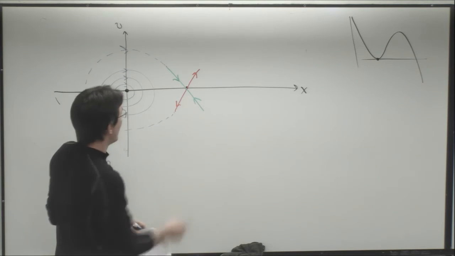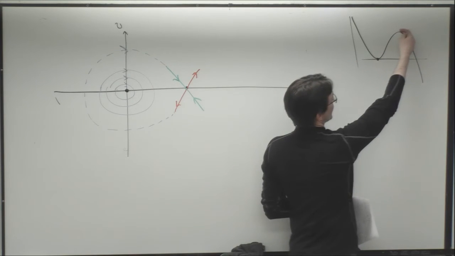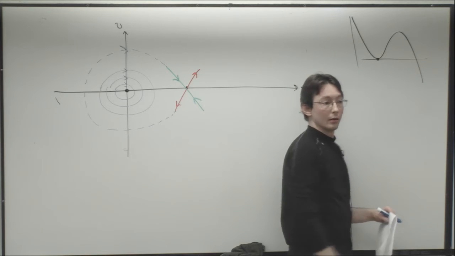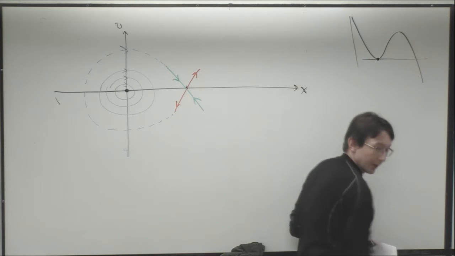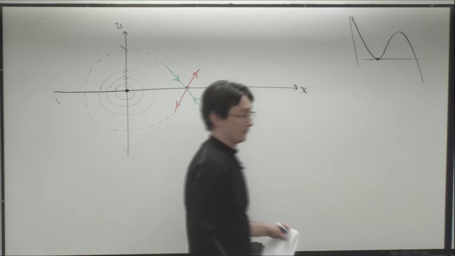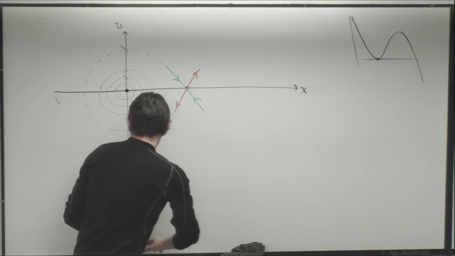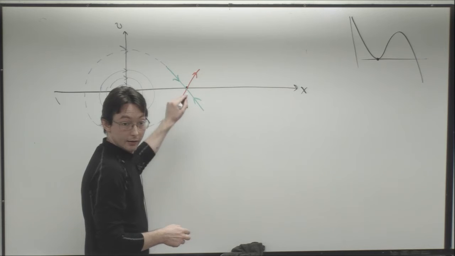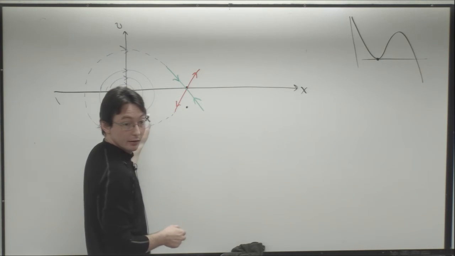What if I push it a little harder? What if I'm at this top and I push it to the left, a negative velocity, pretty hard? Well, it's going to overshoot, and then it's going to go over the hump and down to positive infinity with positive velocity. So that corresponds to here, right? At this x position, I have a large negative velocity.